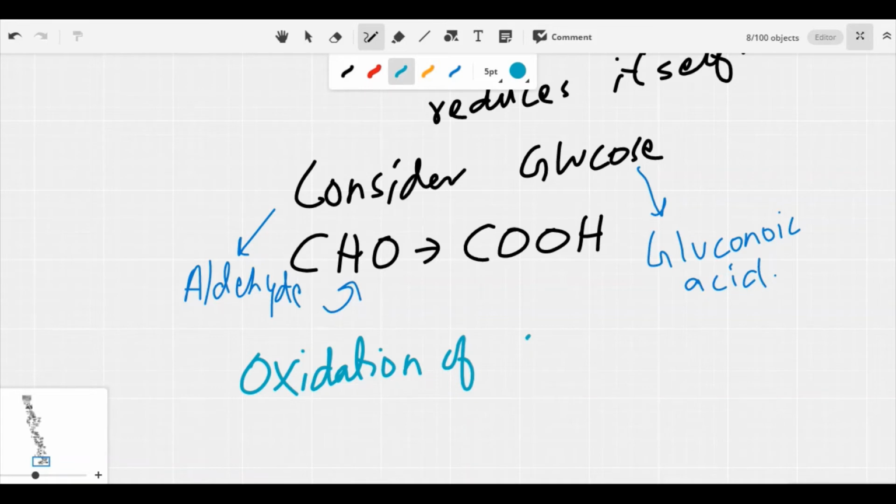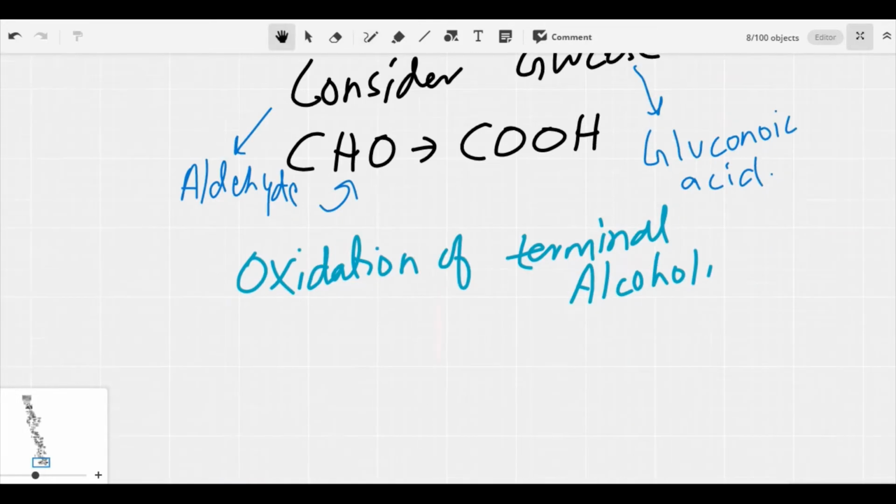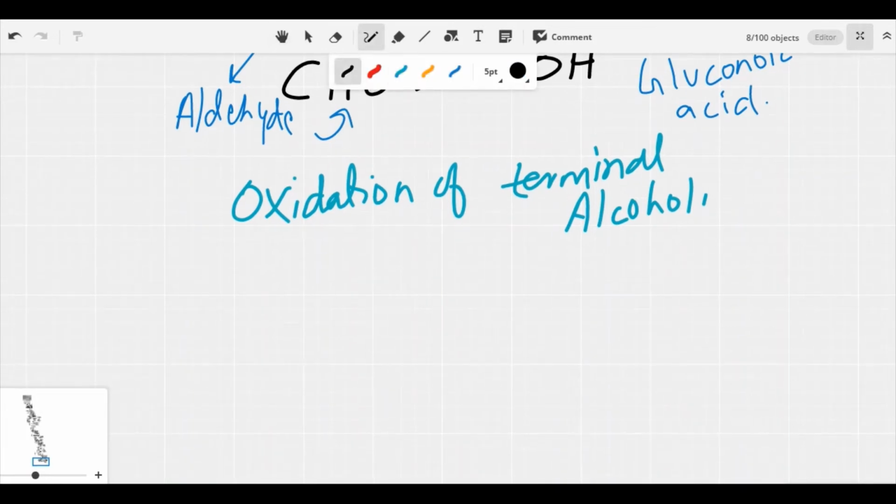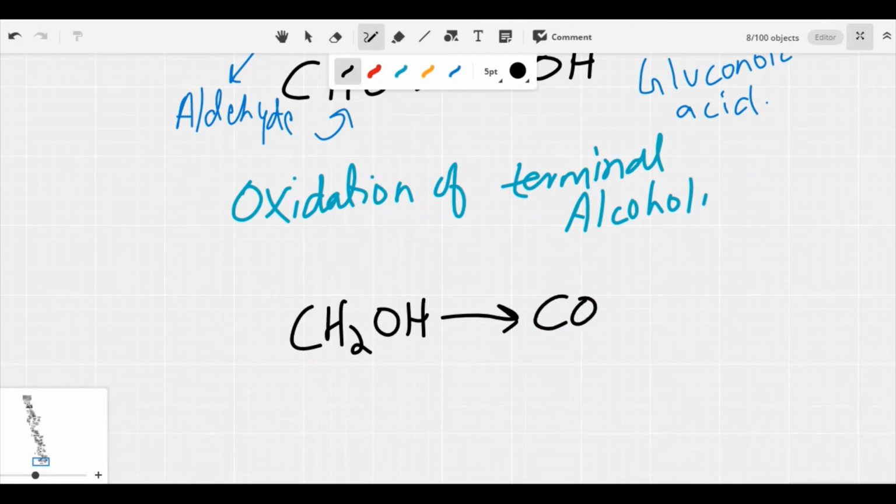Okay, now the second one, the oxidation of the terminal alcohol, that can again be converted into carboxylic acid.